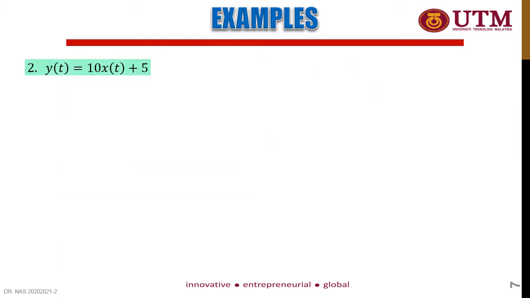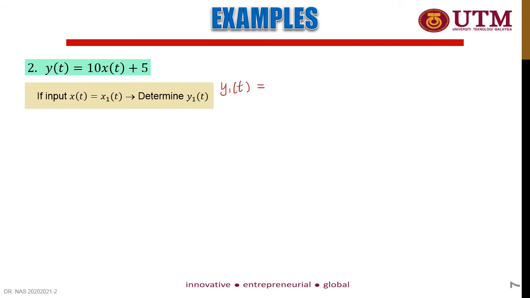Okay, let's look at the second example. Again, follow the steps as discussed earlier. Determine y1(t) when the input is x1(t). So y1(t) equals 10x(t) plus 5, which is 10x1(t) plus 5.